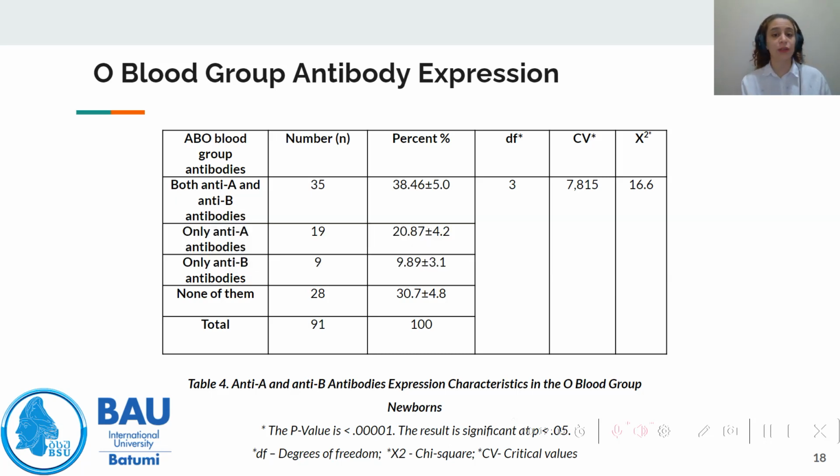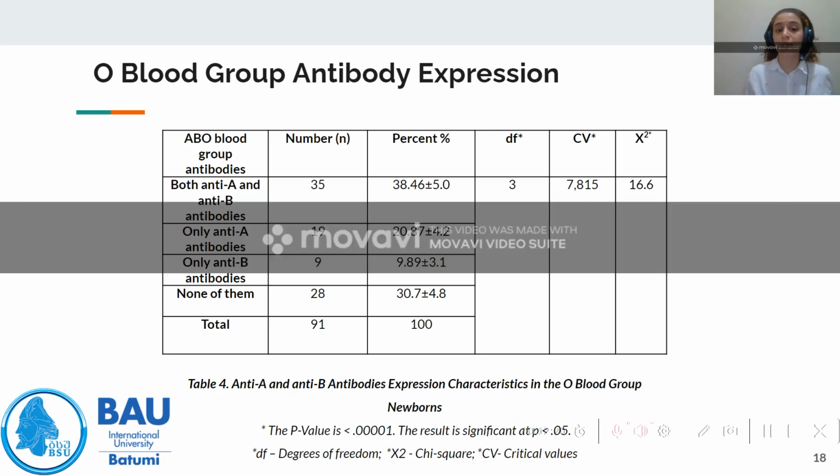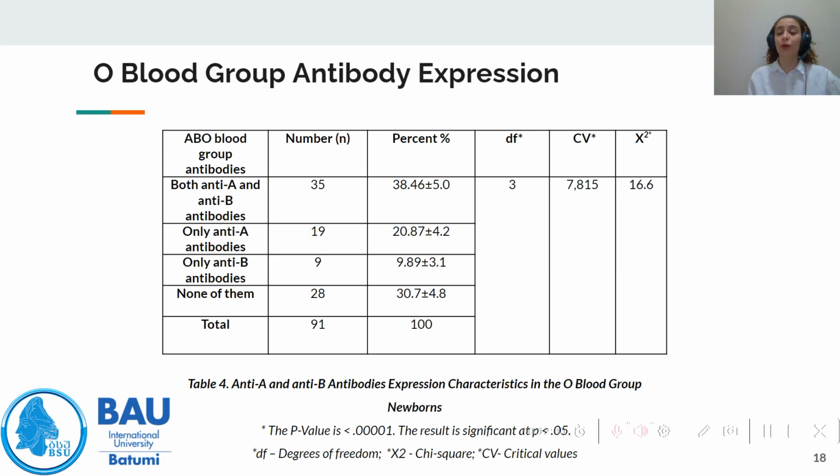That was the case in only 38% of our samples, which expressed both anti-A and anti-B antibodies in the serum. Only 20% expressed only anti-A antibodies and no anti-B antibodies, only 9.89% expressed only anti-B antibodies, and 30% expressed none of the antibodies.